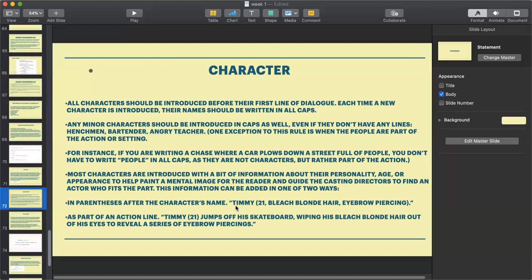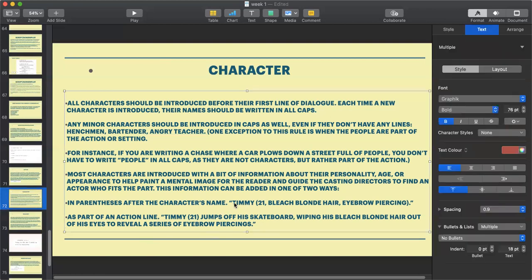So if I'm writing Timmy, age 21, bleach blonde hair, the color of the hair is blonde, eyebrow piercing. I can write like this, or as a part of the action line, Timmy, bracket 21, jumps off his skateboard, wiping his bleach blonde hair out of his eyes to reveal a series of eyebrow piercings.